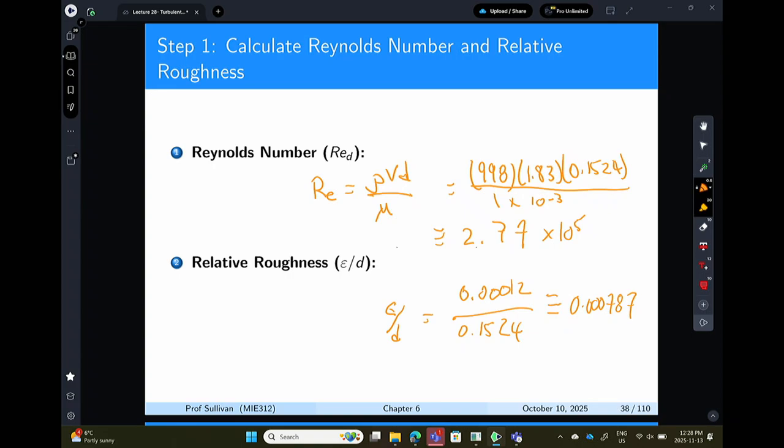And you get a relative roughness of 0.000787. So a reasonably precise number on Reynolds number. Let's continue.